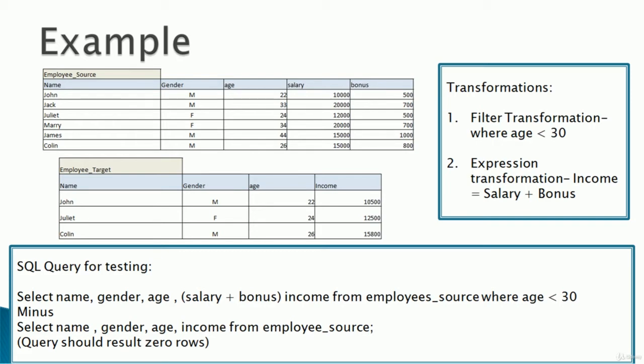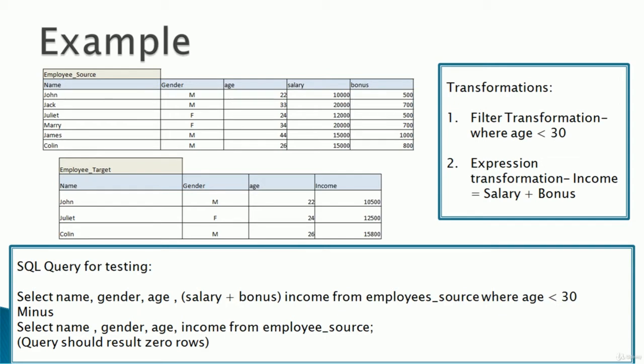It is adding the salary and bonus columns of the employee source table and loading into the target as income. This is the target table, where we have only those employees whose age is less than 30, that is 22, 24 and 26. And we have calculated the income by adding the salary and bonus for these records.